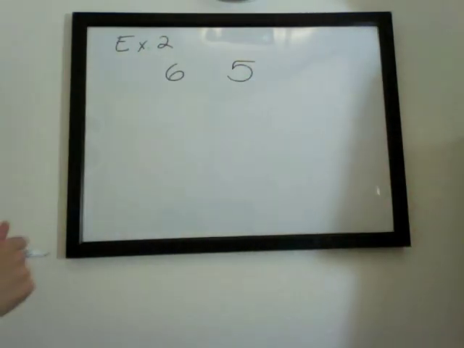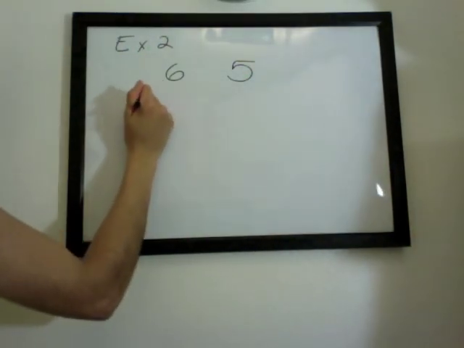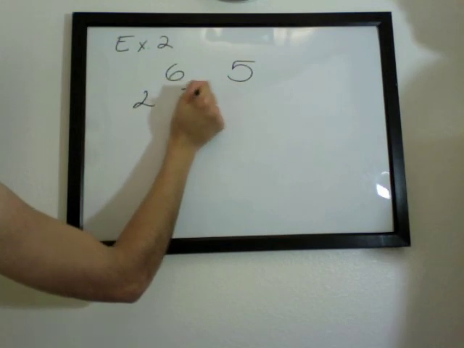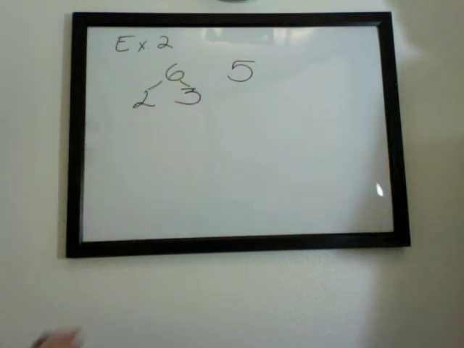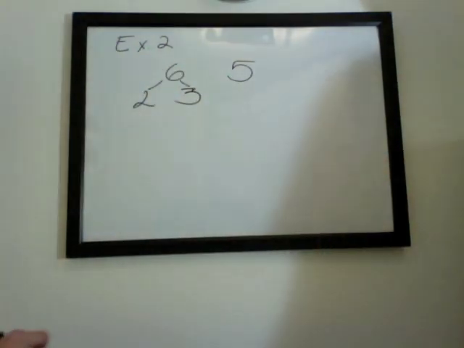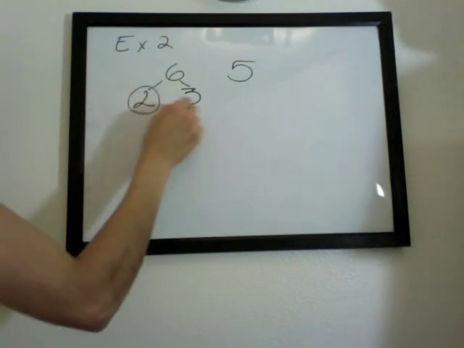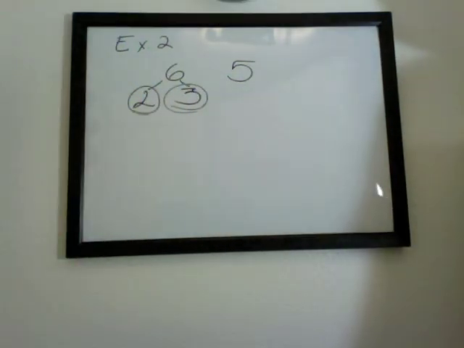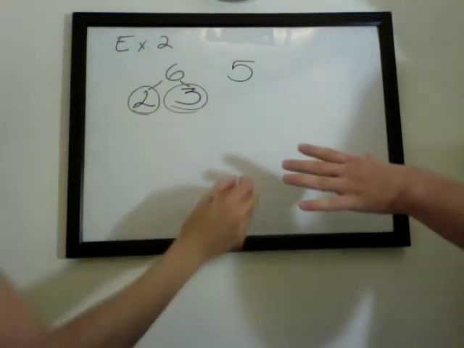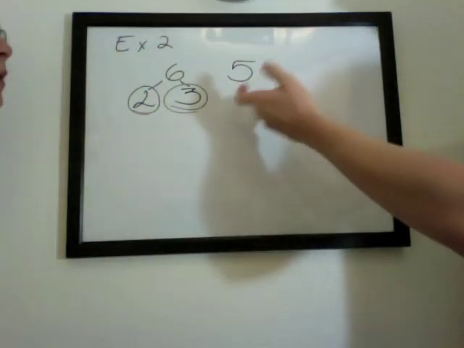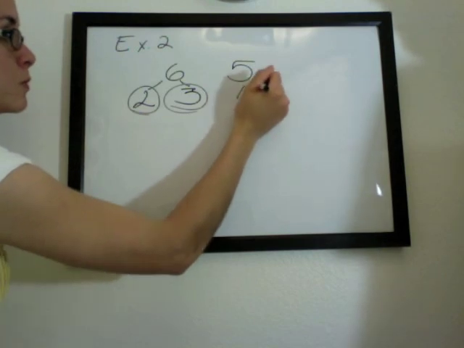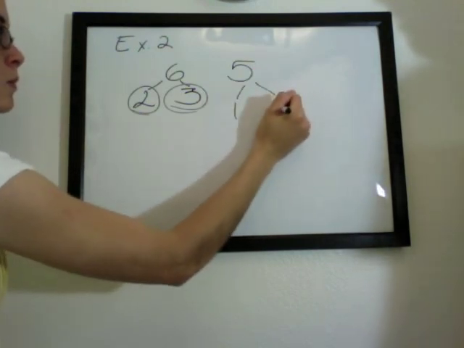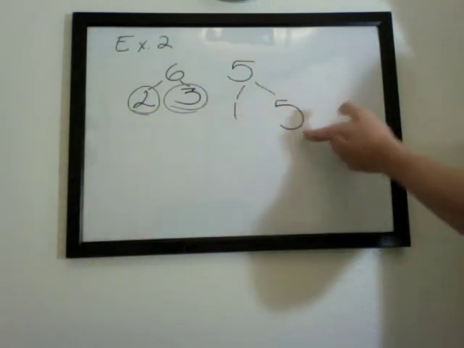Let's break 6 into two factors, 2 and 3. We know those are primes. Now let's look at 5. We know 5 is a prime. What do we do with this one? Well, we just leave it as is. Well, we can also break it up into 1 and 5. And both these are prime numbers.